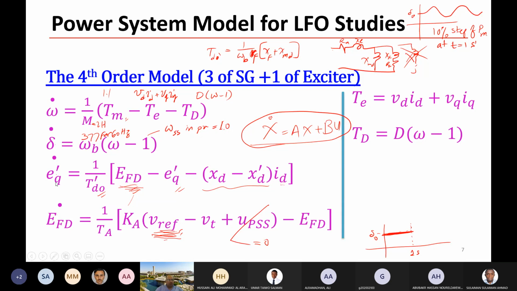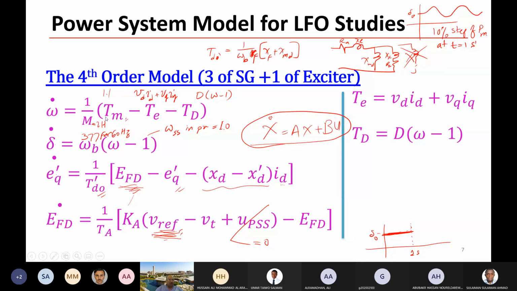In order to simulate this model, or in order to linearize, we need to know all the initial conditions. So omega equal to 1 initially. If we have delta dot equal to 0, of course at steady state all these derivatives equal to 0. So if delta dot equal to 0, then omega equal to 1. And this is usually the case.